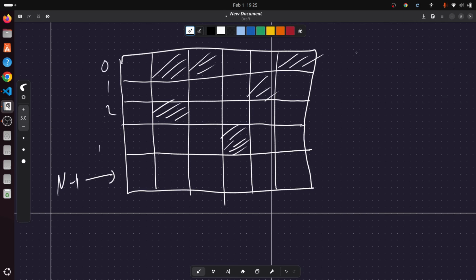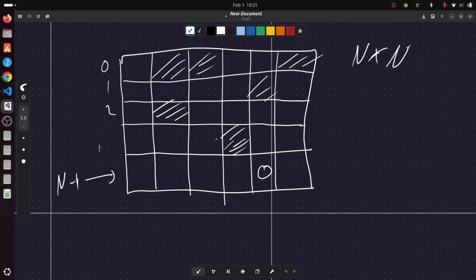It is an n by n size square grid, and you start at a column C. Okay, they have given the integer C where you start. So let's say you start from here, and they have said that this cell is always blank, like there is no wall on the cell n minus 1 comma C.